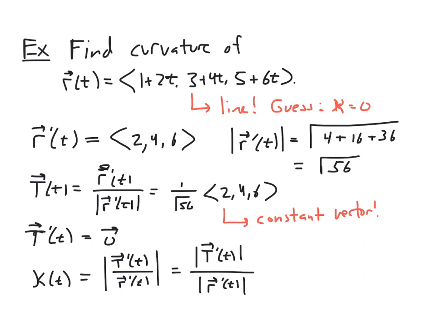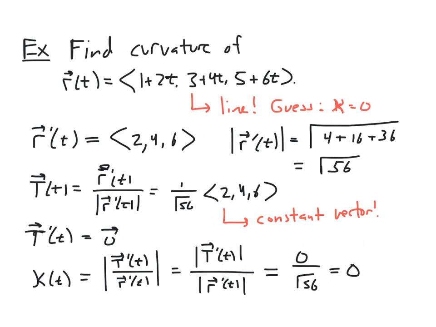And since T prime of t is equal to the 0 vector, this is just 0 over the square root of 56, which is 0. And so we get that this particular curve has a curvature of 0 at every point t.